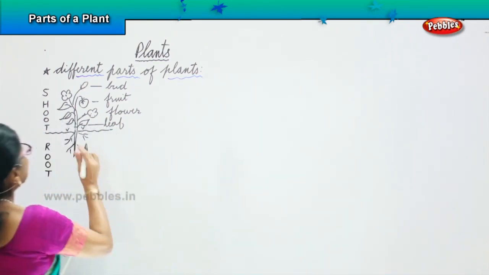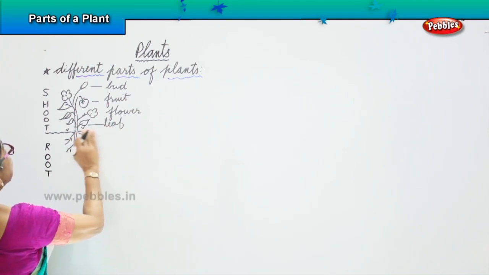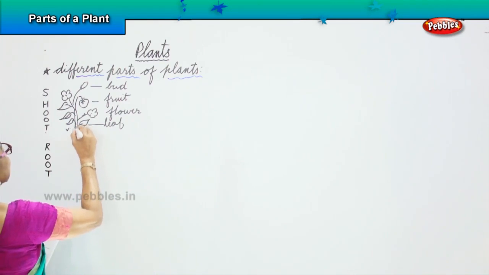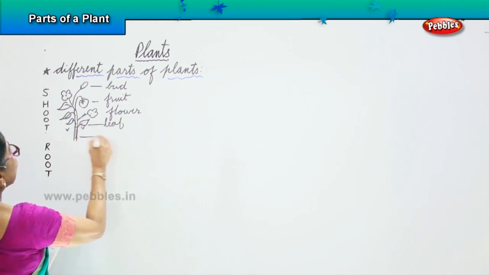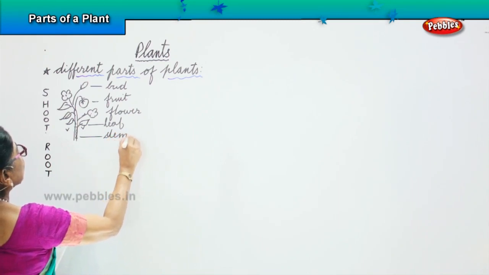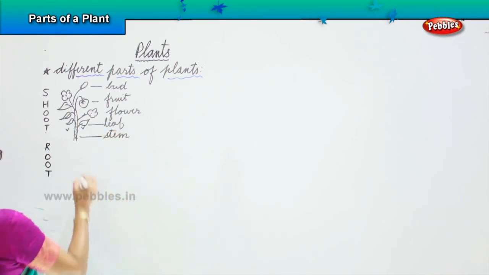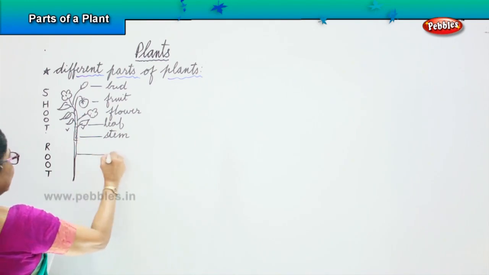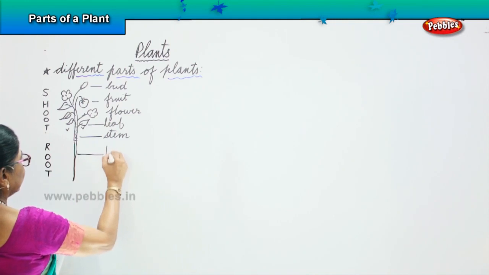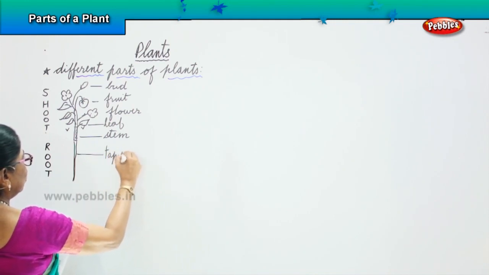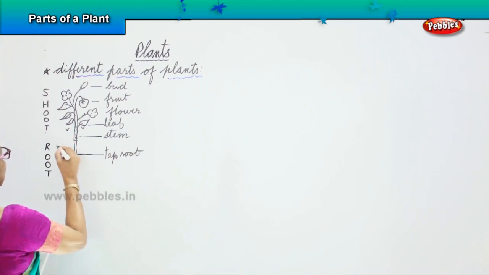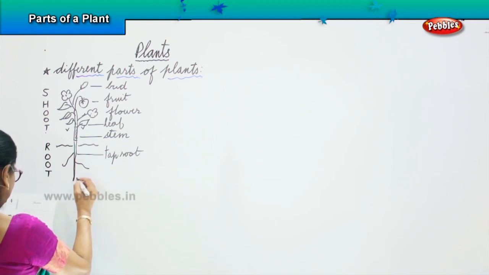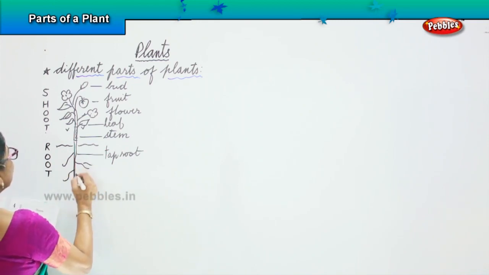Okay. Then we also have the stem. This is the stem. Then we have the taproot, and then we have smaller roots.